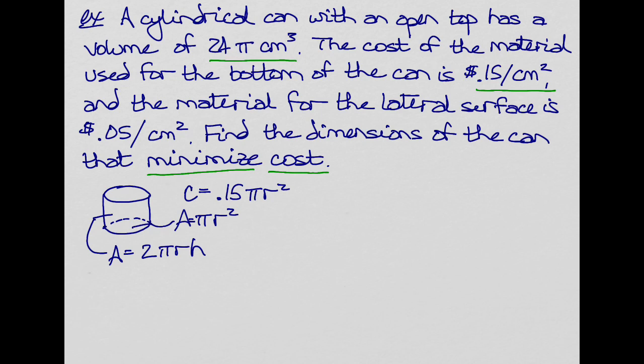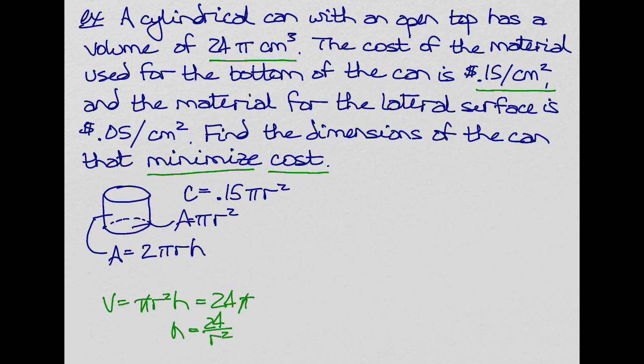The volume of a cylinder is pi r squared times the height, and I know what the volume is. It's 24 pi. I would like to solve that for h, so I'm going to divide by pi both sides. Oh, those are gone. That's good. And I get h is 24 over r squared.